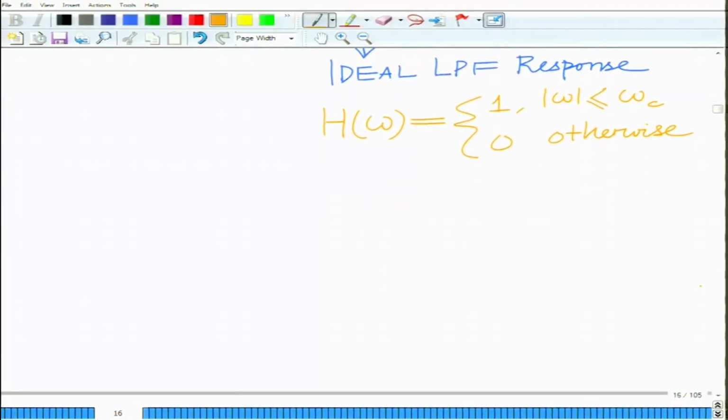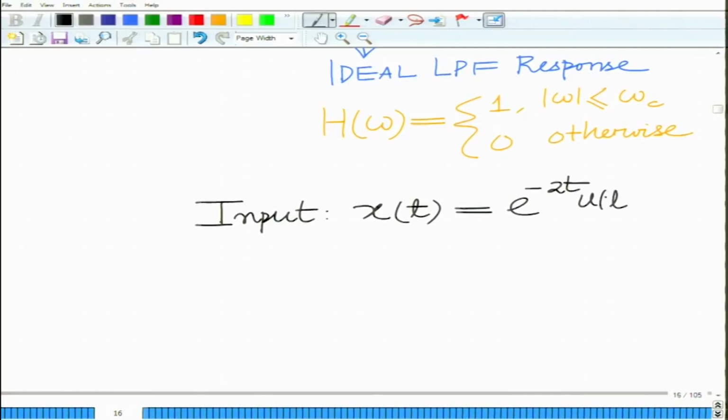Now, for this LPF we want to consider an input signal. The input signal is x of t equals e raised to minus 2t u of t. This is our input signal.